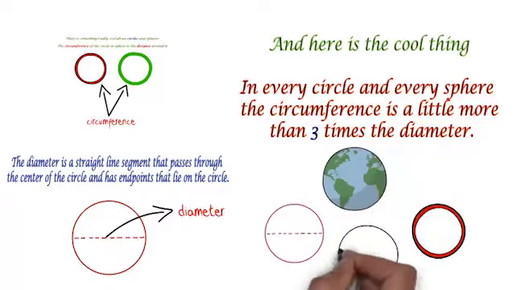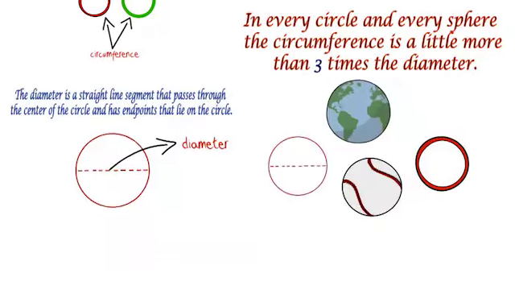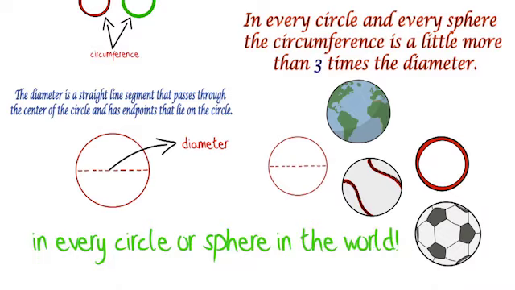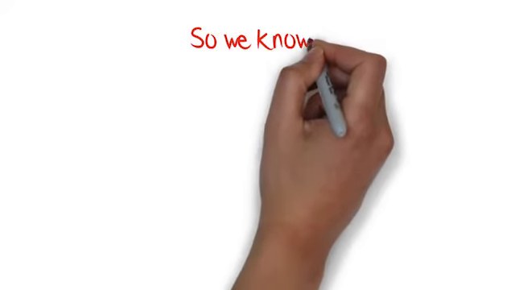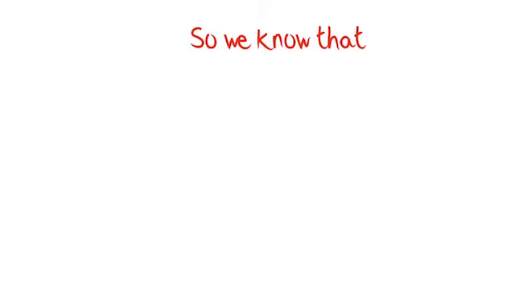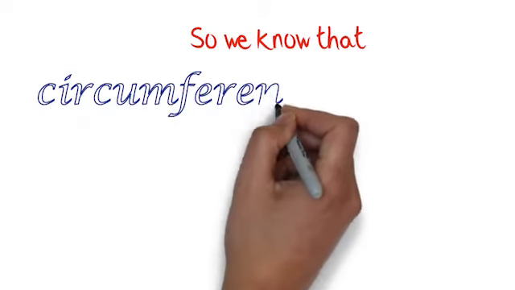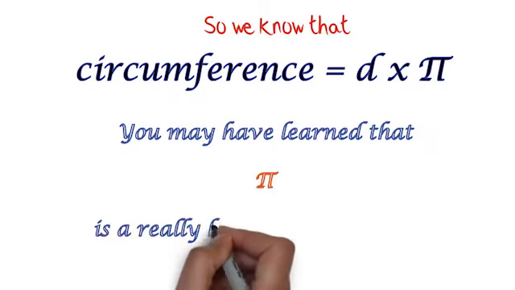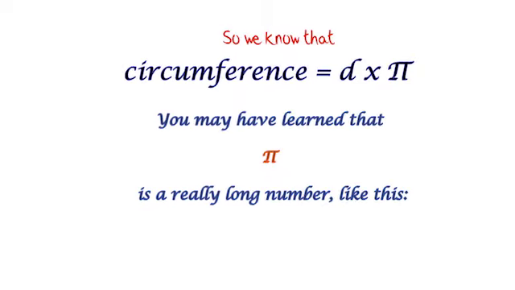And that's true in all sorts of spheres and circles, whether it's a soccer ball, the world, whether it's a flat circle. In every single circle or sphere in the world, that's true. So you may know that circumference is sometimes expressed as diameter times pi, and you may have learned that pi is a really long number like this.